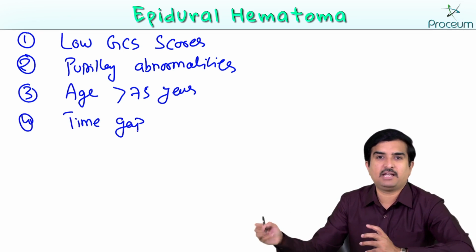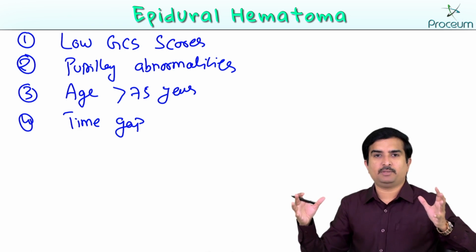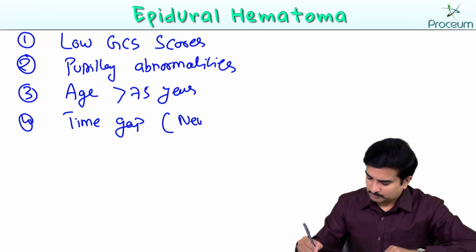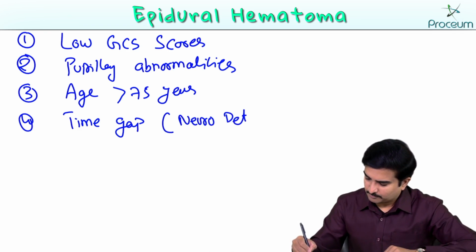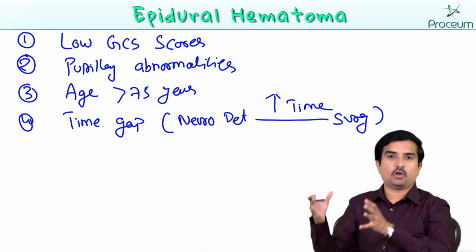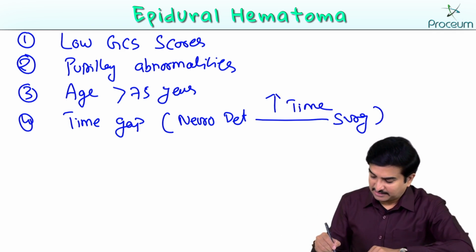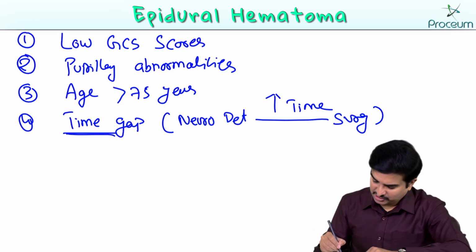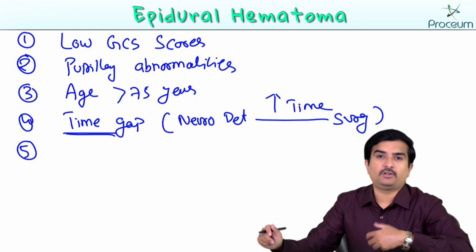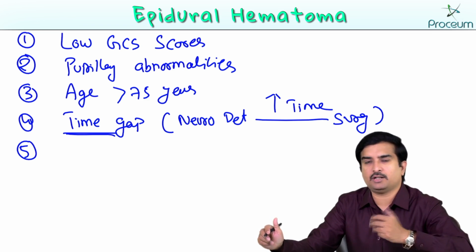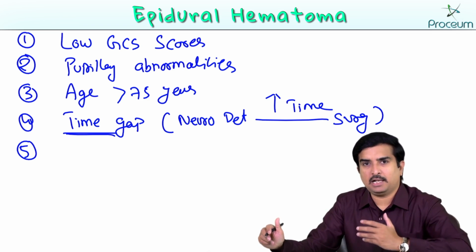Whenever there is a longer time interval between the neurological deterioration and the surgery, the more time gap, the poorer the prognosis. Another important one is that after surgery, if there is a post-operative elevated intracranial pressure, it is also considered an unfavorable outcome.